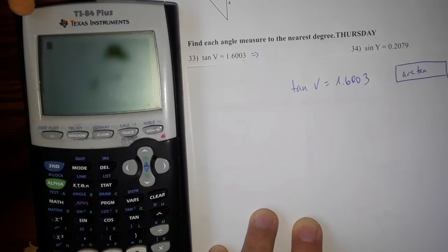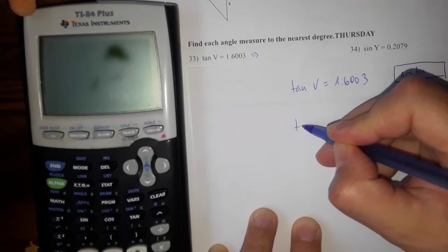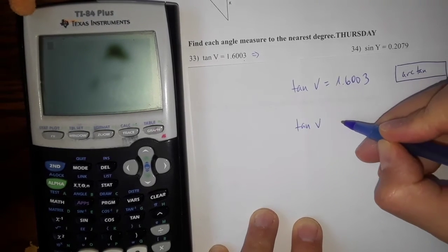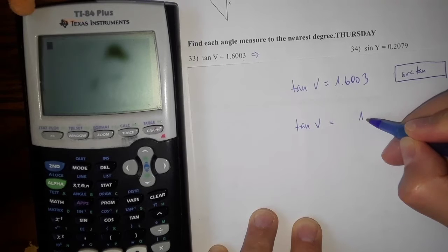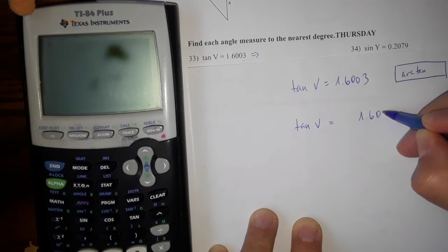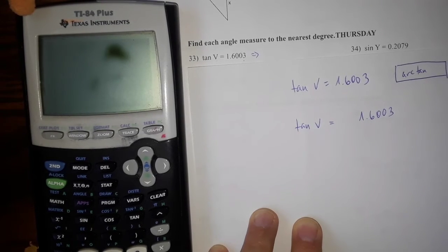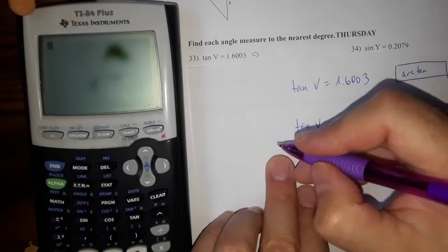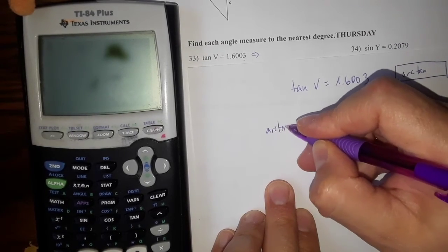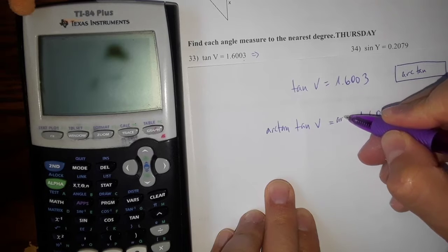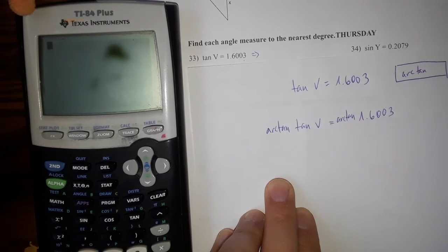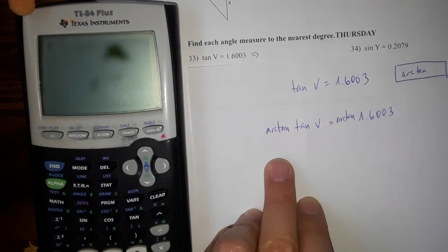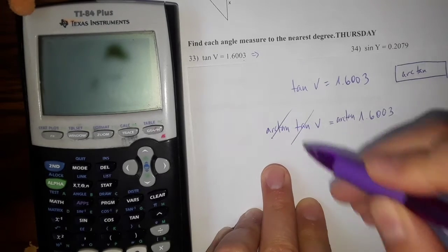So doing that, let me write this equation again, leaving a little bit more space. Here we apply arctangent to both sides. Now arctangent is the opposite of tangent, and because it's the opposite, this goes away.